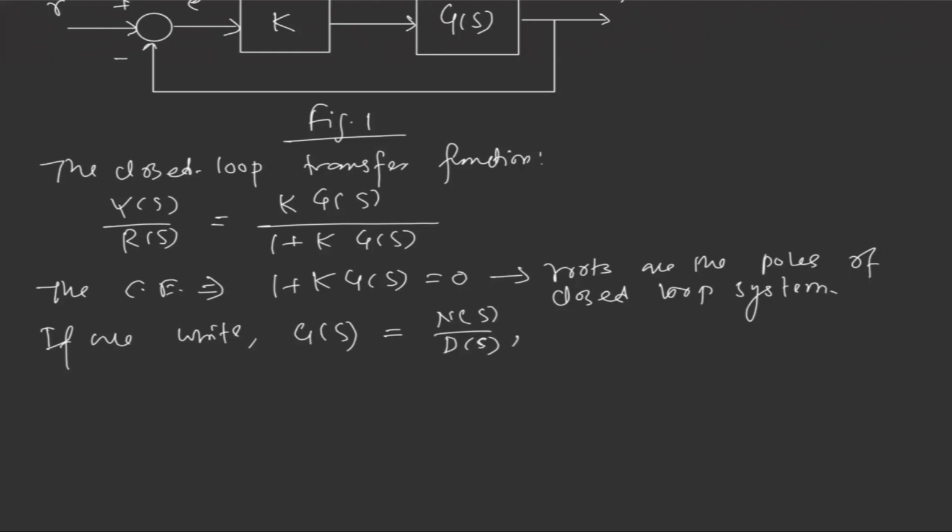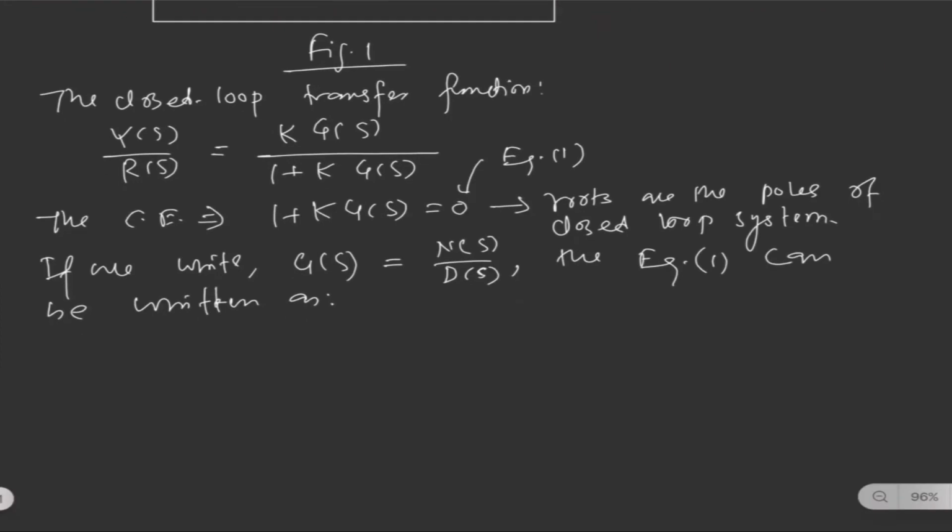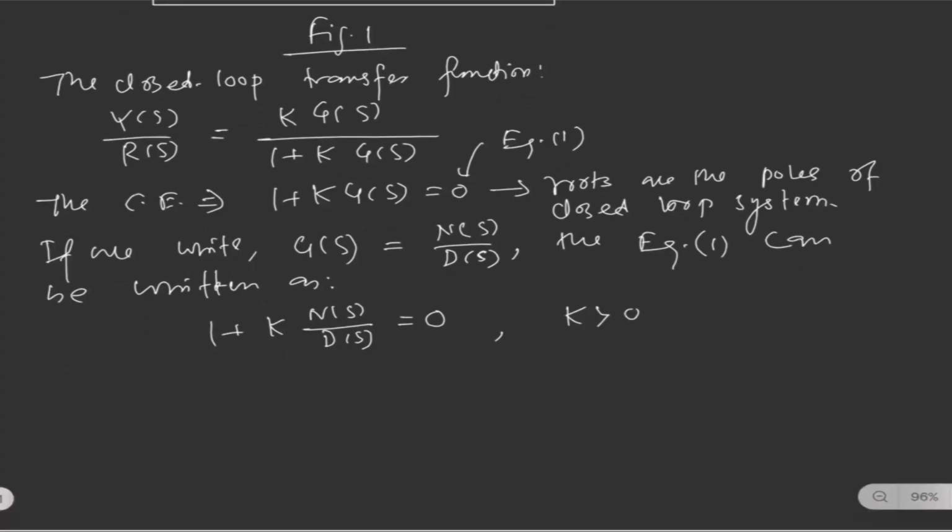Let me call this equation 1, for example. Then equation 1 can be written as 1 plus K N(s) over D(s) equals 0, where let's assume K is greater than 0, for example. And from this, we can further write D(s) plus K N(s) equals 0.